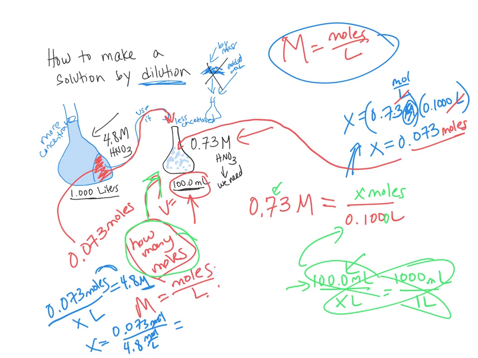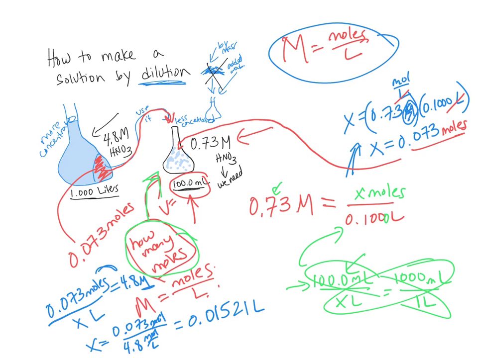So now x is equal to, I just did this on the calculator, 0.015. I'm going to write down a couple more significant figures: 21. So I have extra significant figures right now, and these are liters. So I have to take out 0.01521 liters from here. To be really precise, I would use a pipette, not a graduated cylinder.